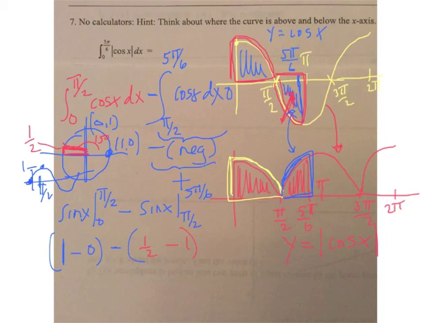So first, 1 minus 0 is 1, minus a negative a half, and as I indicated up here, this value should be a negative number, and it is, so that's a good thing. 1 minus a negative a half is 1 plus a half, so 1.5.